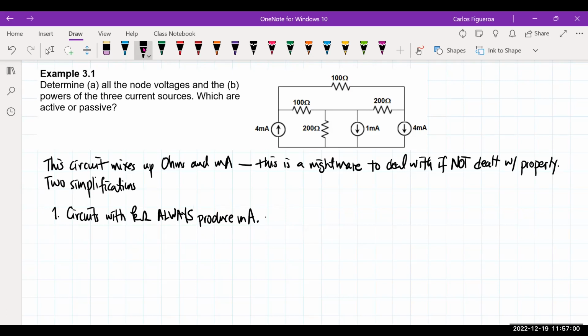So that means here you want to convert ohms to kiloohms. So if you look at that, we have three resistors.